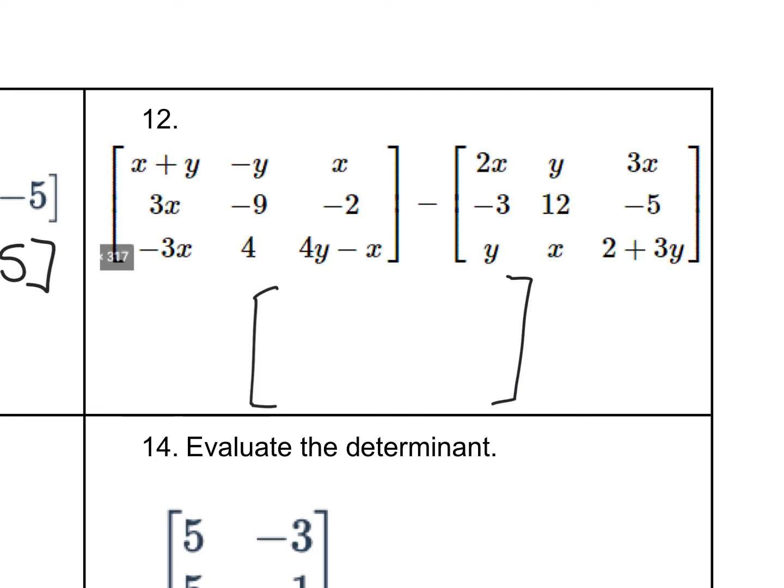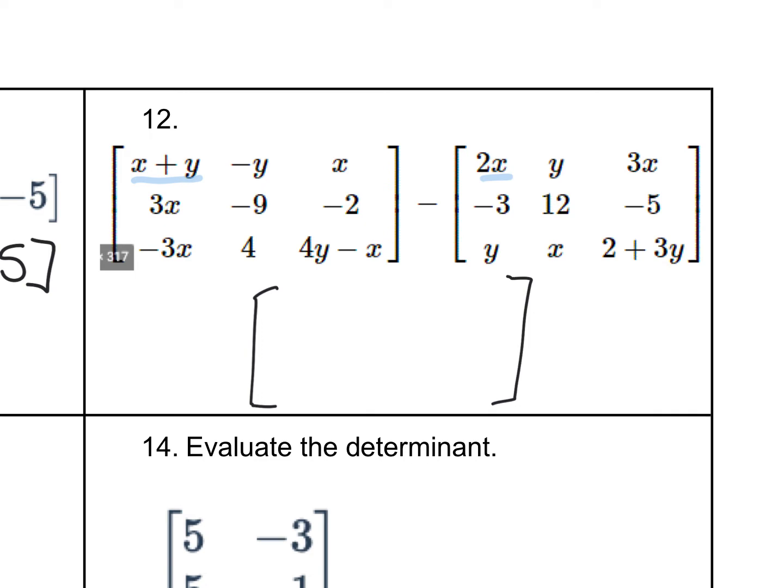Okay, we're subtracting them, right? And we see a bunch of variables, and a lot of us get really scared of variables, okay? They're not scary, but we just have to remember we can only combine like terms, okay? So for instance, here we have written x plus y, and we're going to subtract 2x.